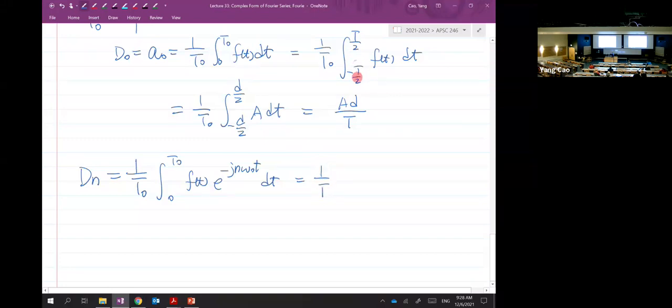Again, I can do exactly the same thing as I did to calculate D naught. Instead of going from 0 to T naught, we can go from negative T over 2 to T over 2, f of t e to the power negative j n omega naught t dt.